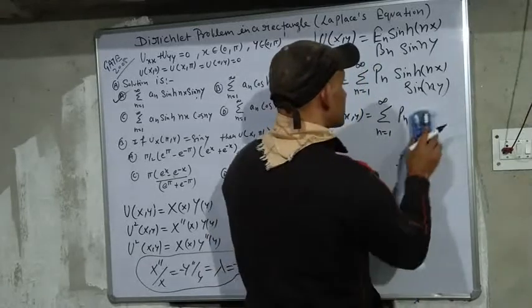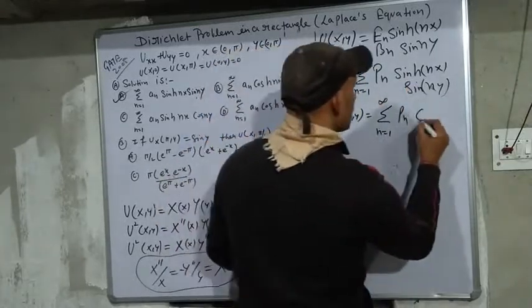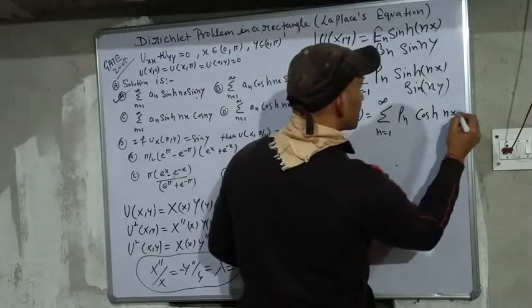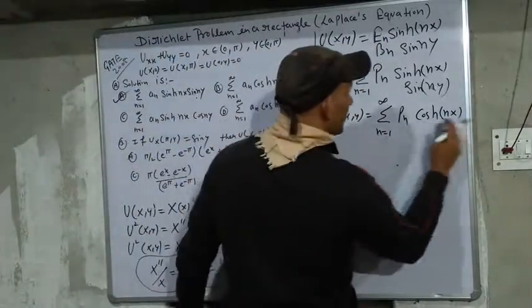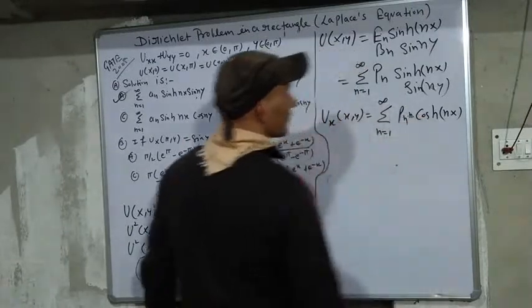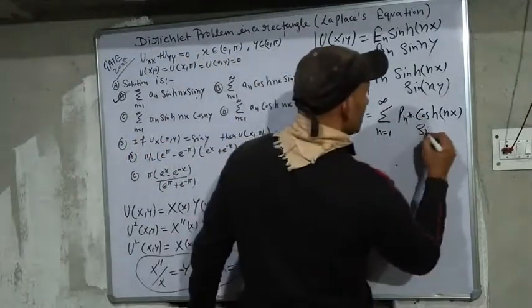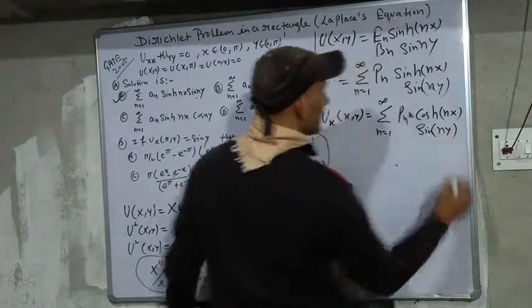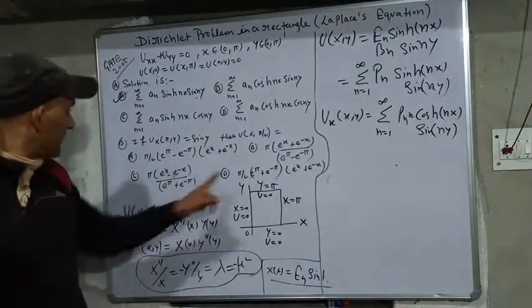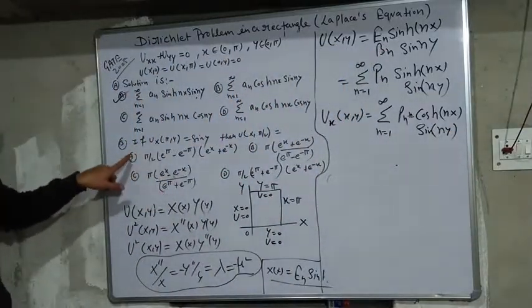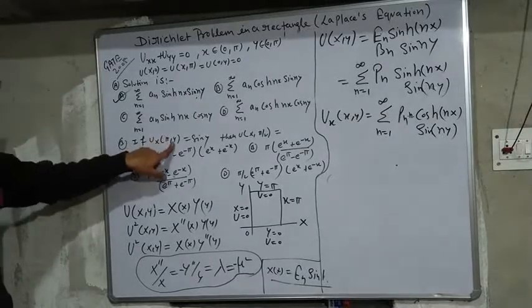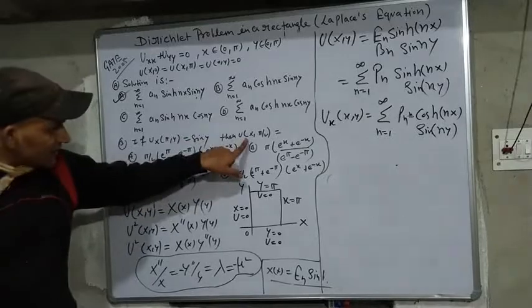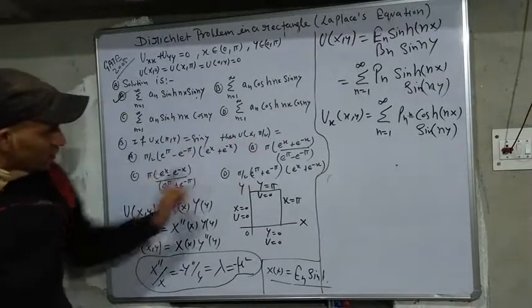At first you have to represent this: sine becomes cos hyperbolic nx. Now you have to differentiate nx, meaning n will come here, and sine ny. After differentiation, you have to put in the condition. They have asked: if ux means du upon dx of pi y is equal to sine y, then ux pi by 2 is equal to which one.